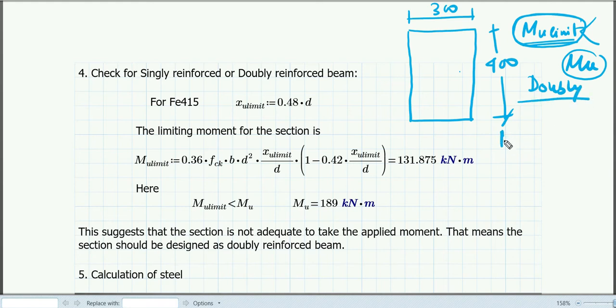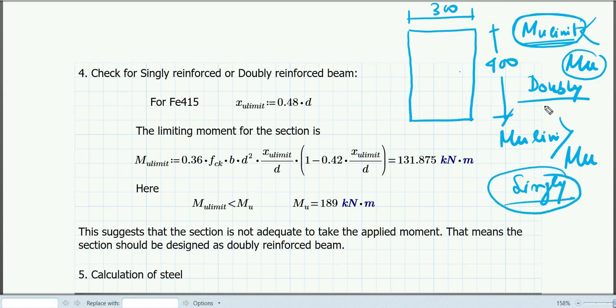But if Mu limit is found to be more than the applied Mu value, in that case you can design it as singly reinforced, okay. It is not actually hard and fast. There is no beam in this world which is purely singly reinforced, because you have to provide some holding bars itself, right? So the beams are always going to be doubly reinforced, but the design approach is different, okay.